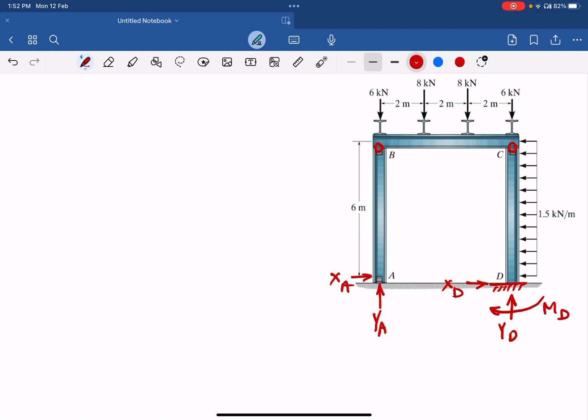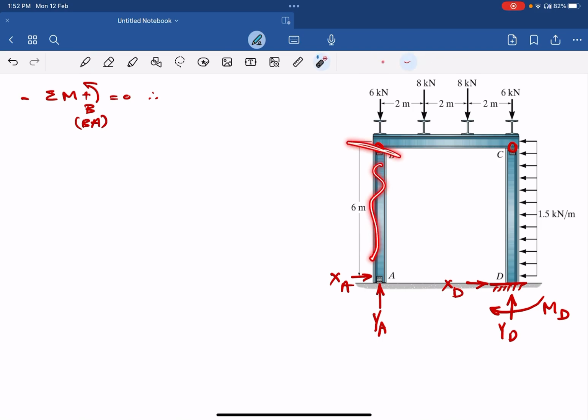So let's start with this first equation, taking a moment at B for the part BA equal to 0. There are no loads at all here.